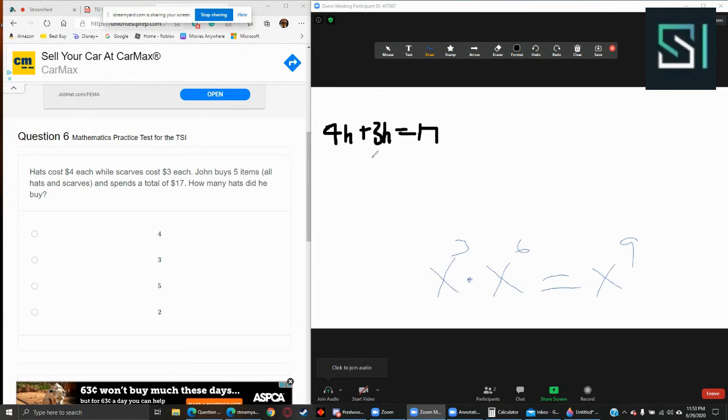Okay, I'm pretty sure this is right. Are they both the same variables in this case? Oh wait, I don't know. No, it's not. Hats cost $4 each, while scarves... So those were two different variables.